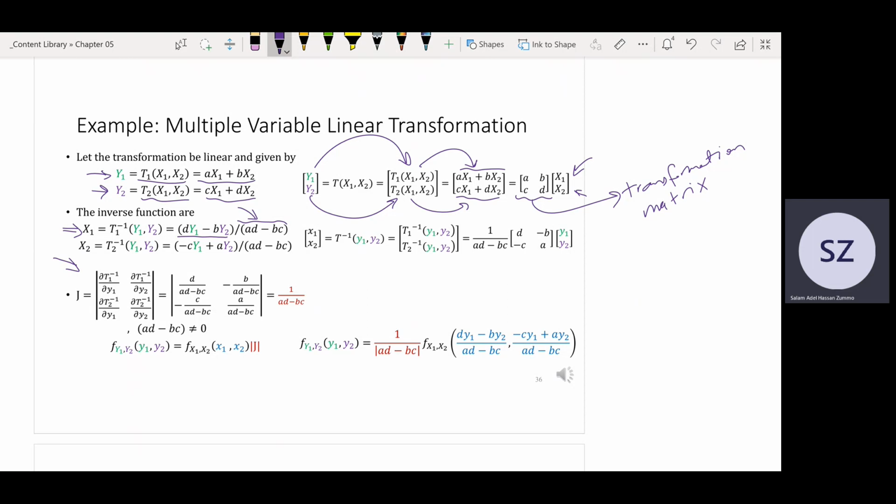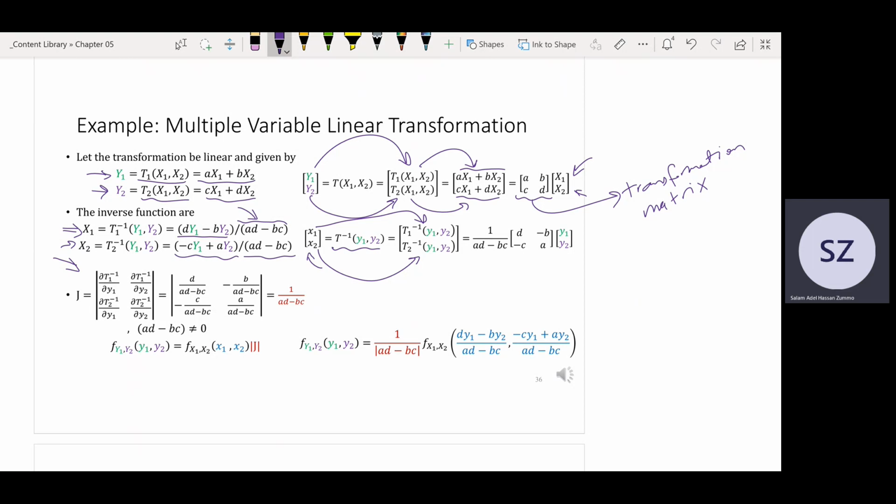Now, what about x2? I do the same thing, but I eliminate x1. So I multiply by d, I multiply by a, and then I subtract them. I get x2 as minus cy1 plus ay2 divided by the same number. So if I write them in terms of a matrix, x1, x2 will be T inverse of y1, y2, which looks like this. If you notice, this is a common factor.